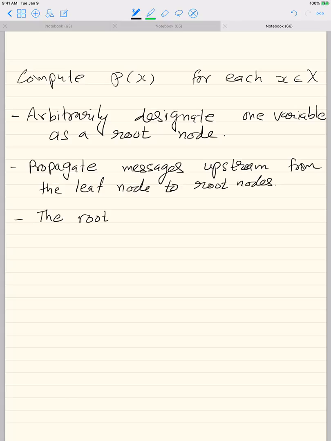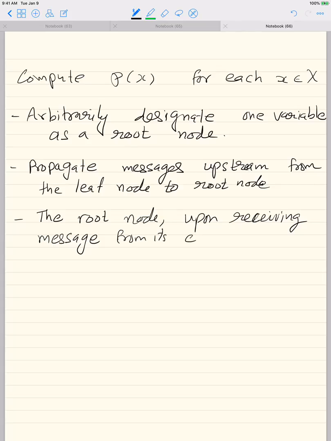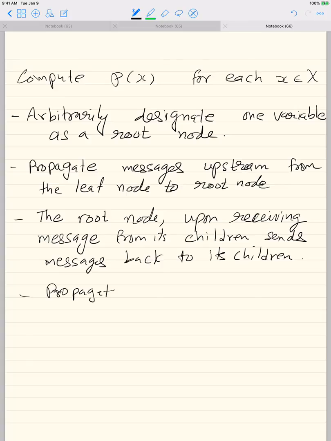The root node upon receiving the messages from its children sends the message back to its children, and we propagate messages now downstream all the way to leaf nodes.